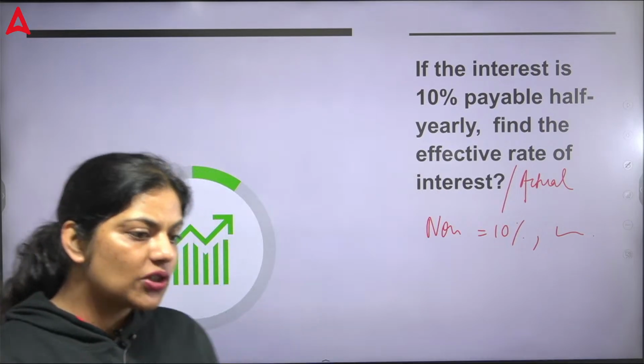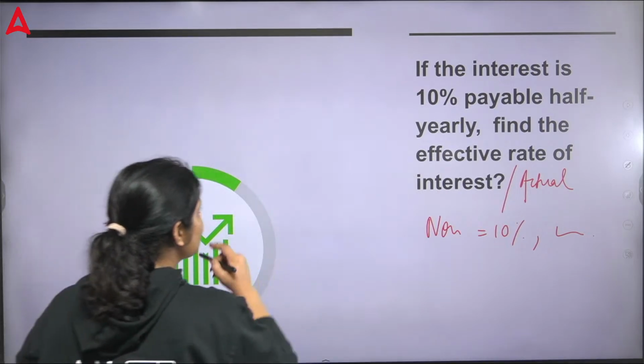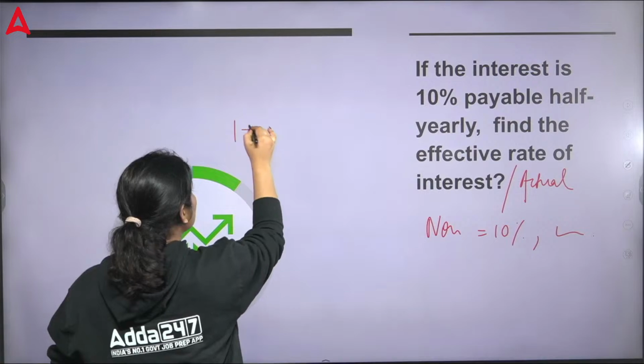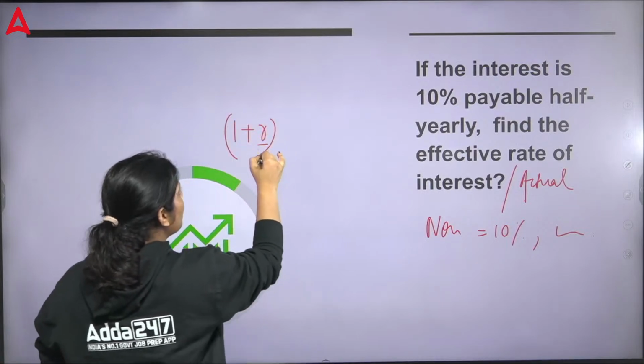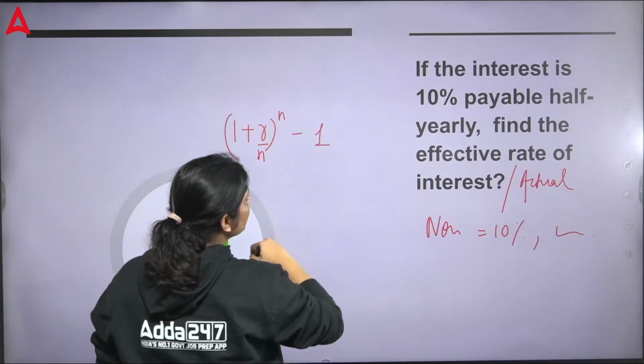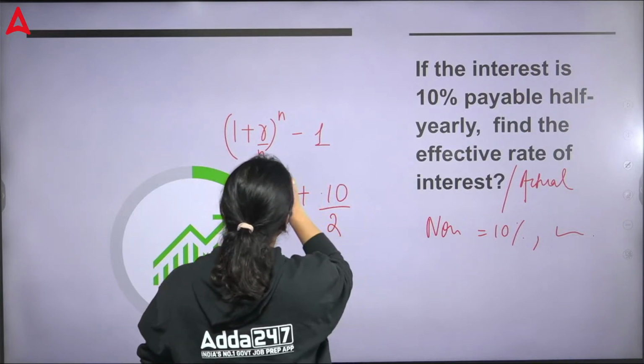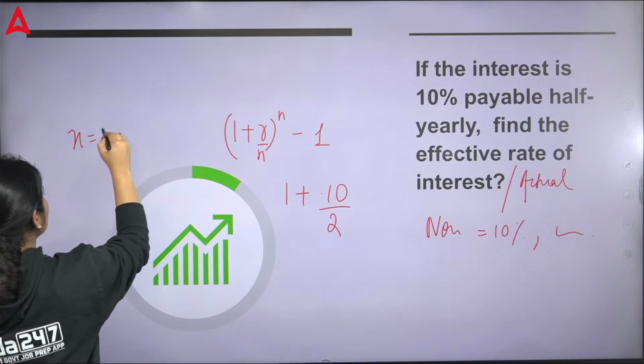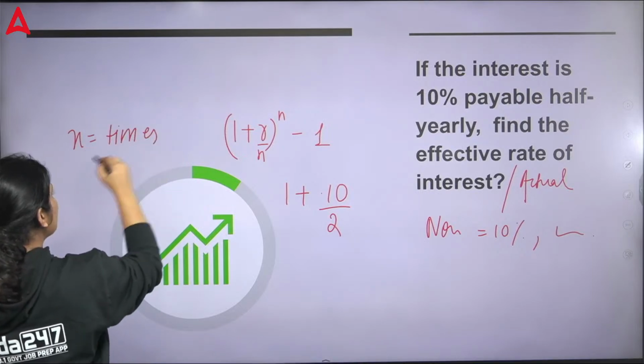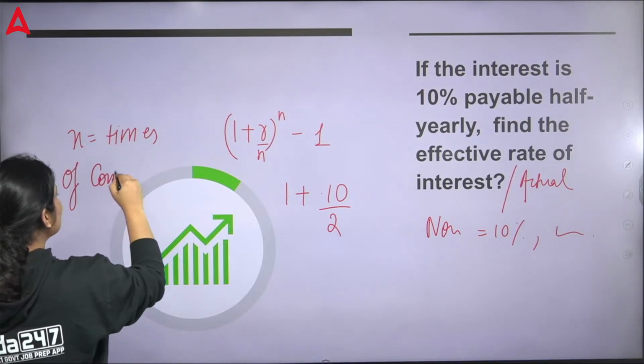Right, so solve this question. The interest is 10% payable half yearly. So it will be (1 plus r upon n) power n, minus 1. So (1 plus 0.10 upon 2) power 2, where n represents the times of compounding. How many times compounding was done in a year?